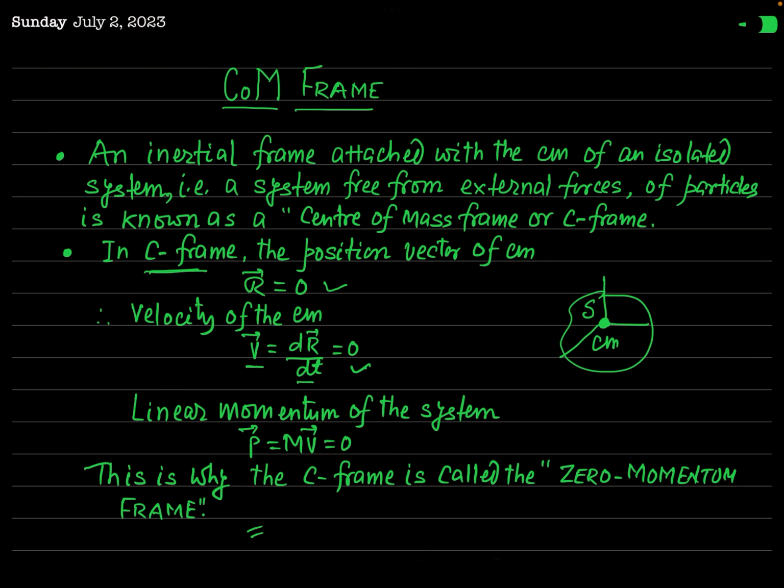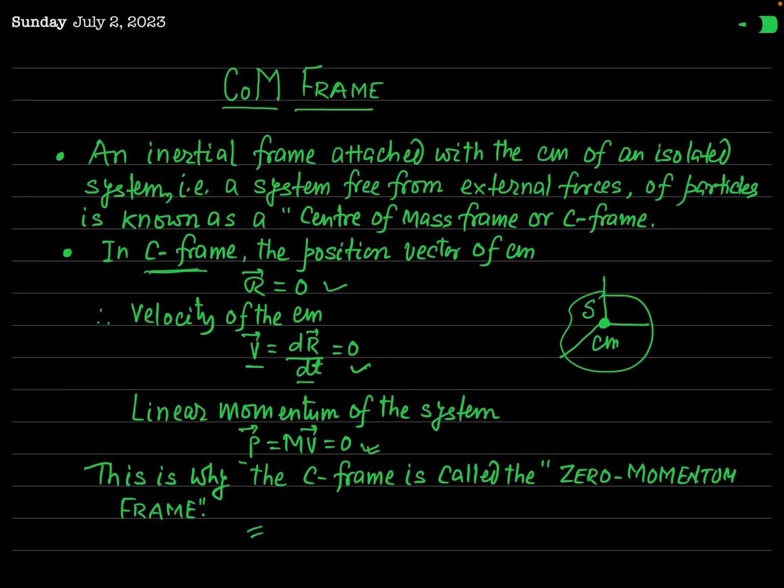And if V is 0, the linear momentum of the system in the center of mass frame will also be equal to 0. And this is the criterion on the basis of which we define the center of mass frame. Actually, you can see that in the CM frame, the momentum of the system is 0.